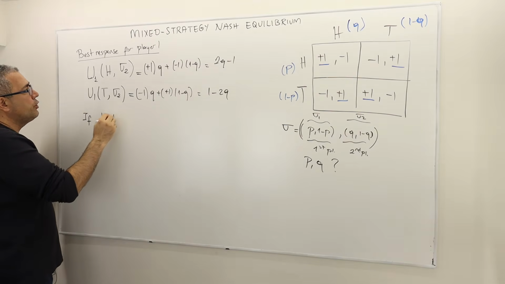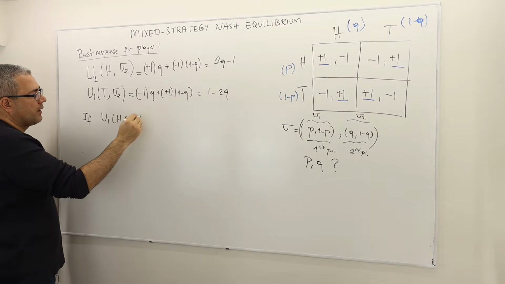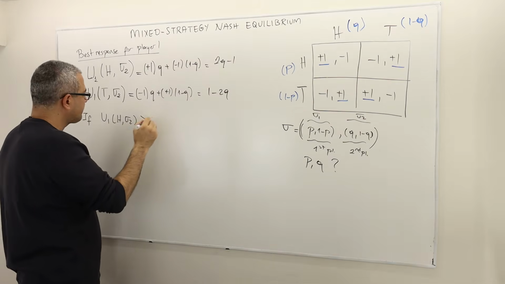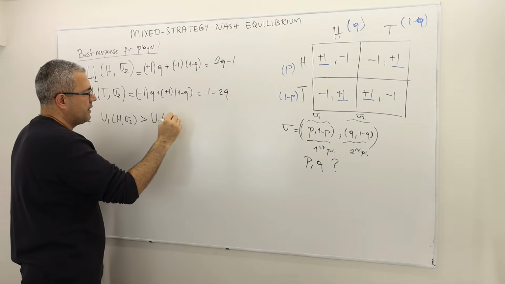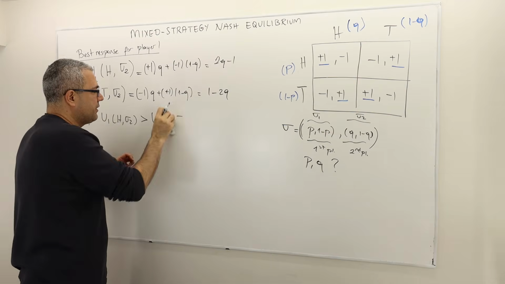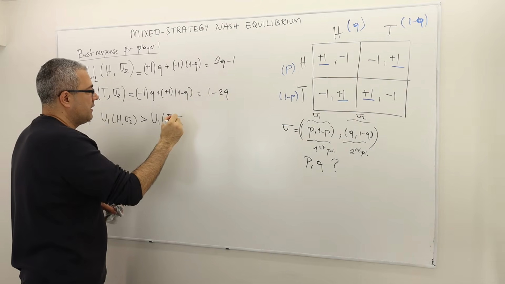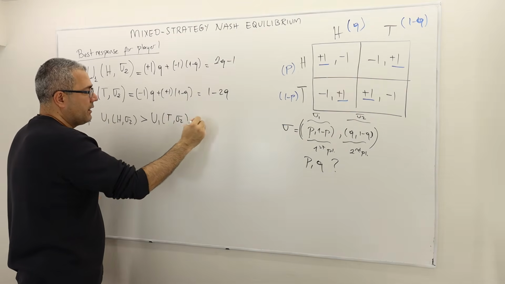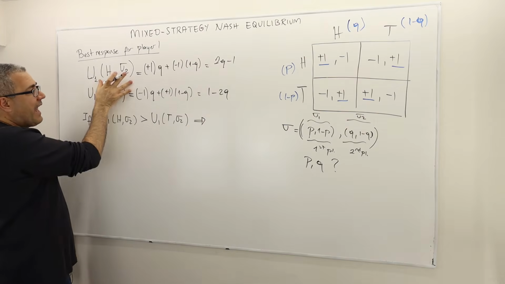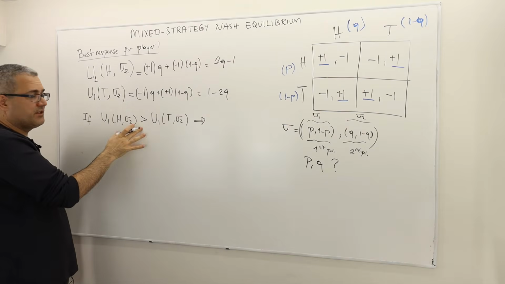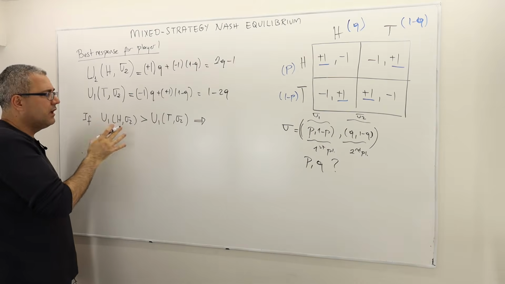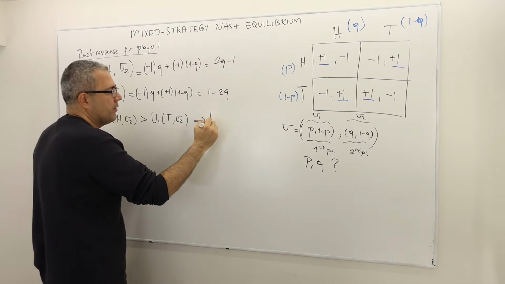If U1 of head, sigma 2 is greater than U1 of tail, sigma 2, then playing head gives a strictly higher payoff than playing tail. So head is the best response.